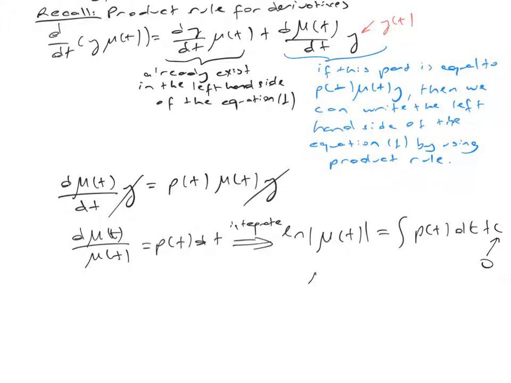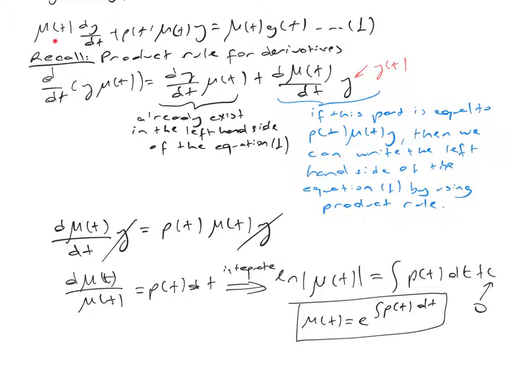And from here, mu of t is equal to e to the integral p of t dt. If we choose mu of t in this form, then we can use the product rule for our first order differential equation. And by using the product rule, we can easily solve our first order differential equation as given in the form of the equation 1.